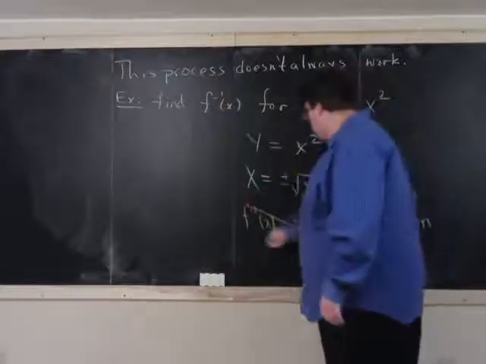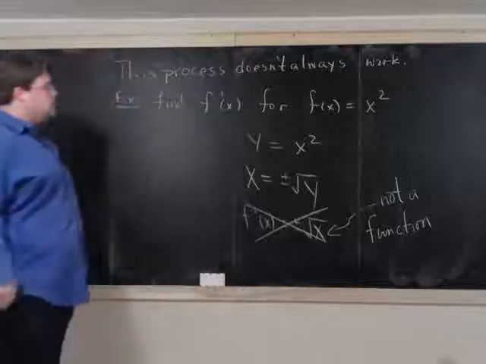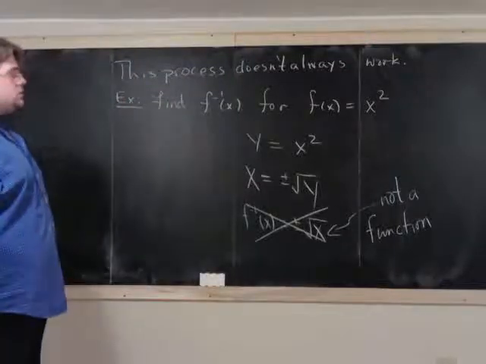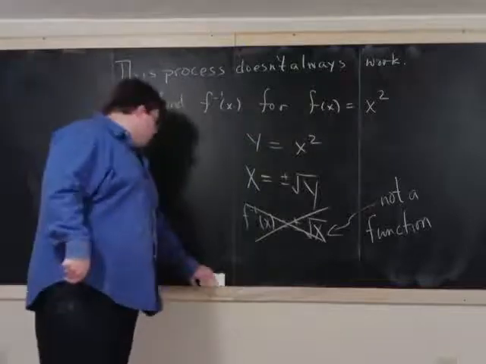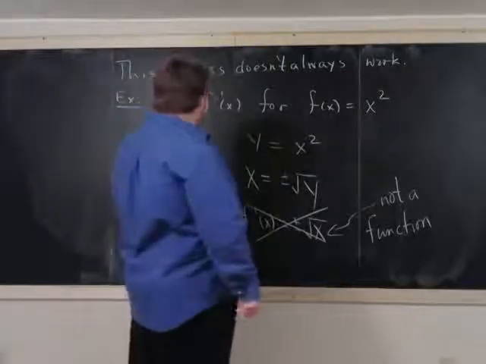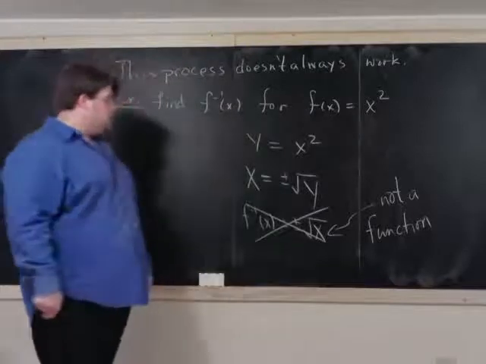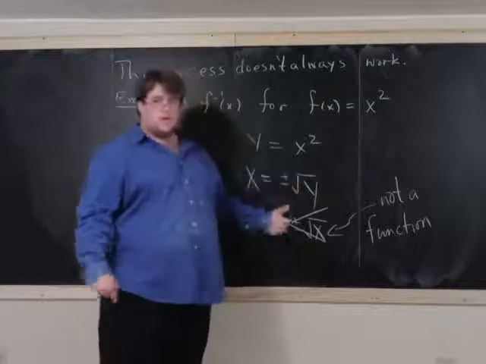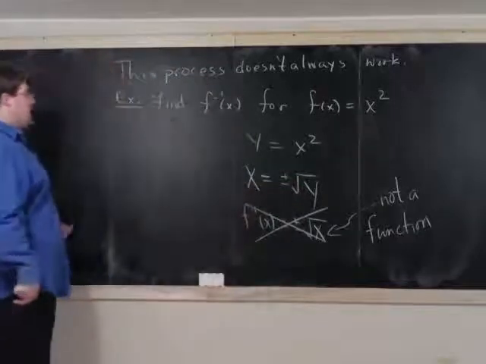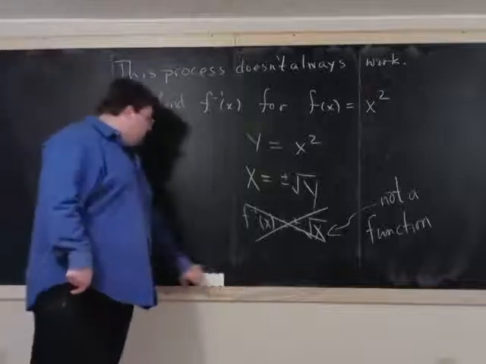So right here, that process does not work on this function on its domain because it resulted in something that was not a function. One thing we can do, however, is restrict the domain so that we won't have to make this choice when inputting an x.